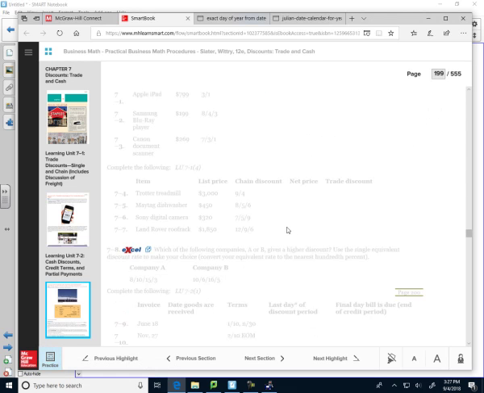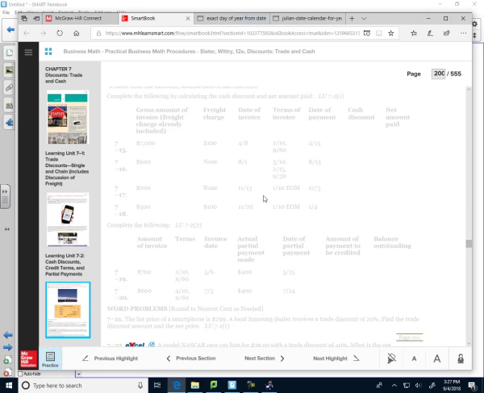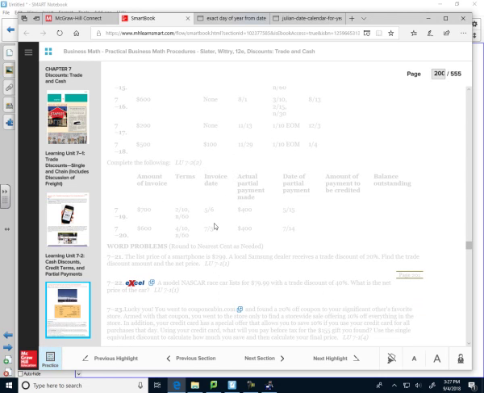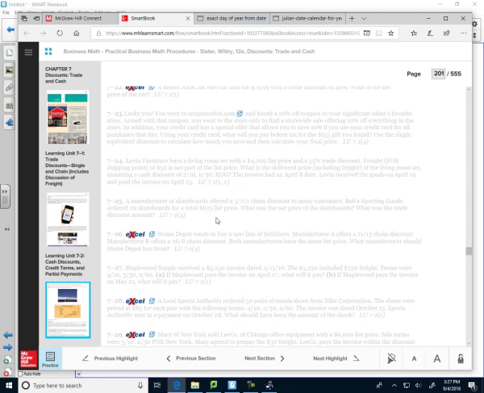PDF printable. Let me see if I can find a problem here. I've already forgotten which learning objective we were in. 7.2. This really tells you right here. 7.2.1, wasn't it? Yes.